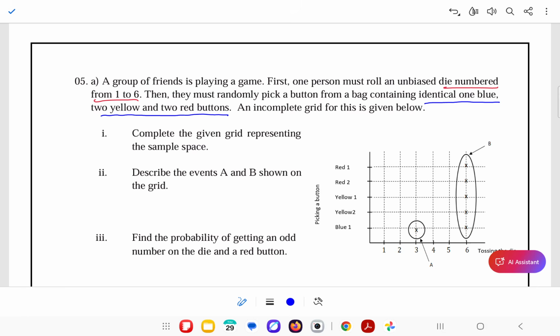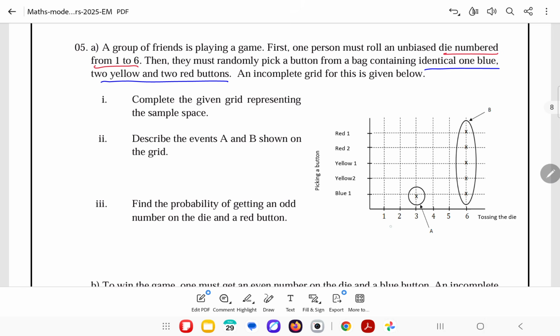Right. So one person rolls a die. So 1 to 6 you can get. Then they must randomly pick a button from a bag containing identical 1 blue, 2 yellow, 2 red. Okay, so let's try to complete this.